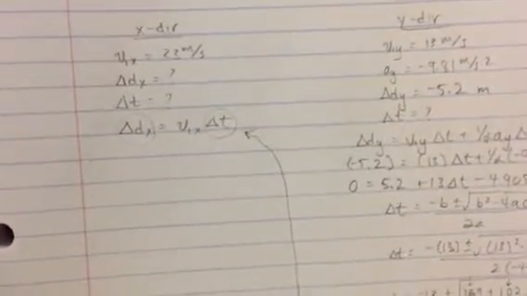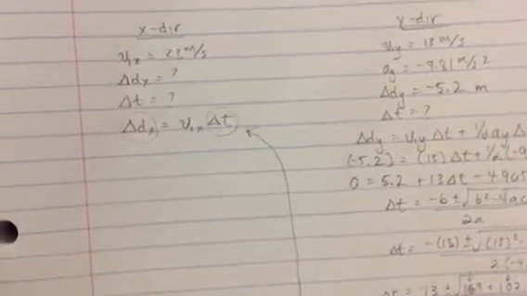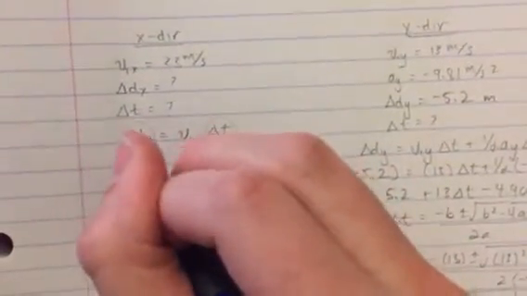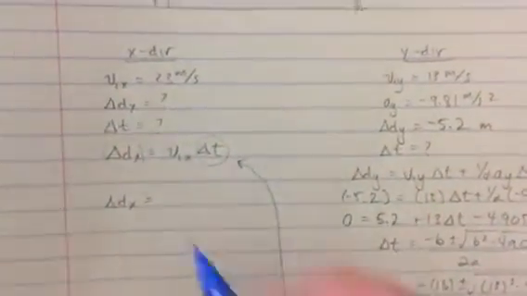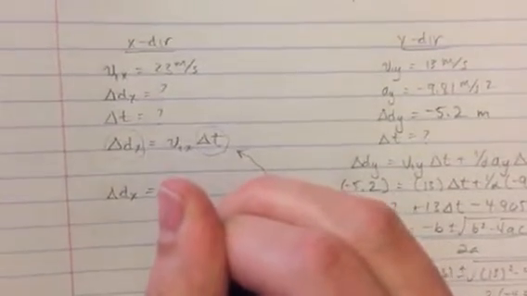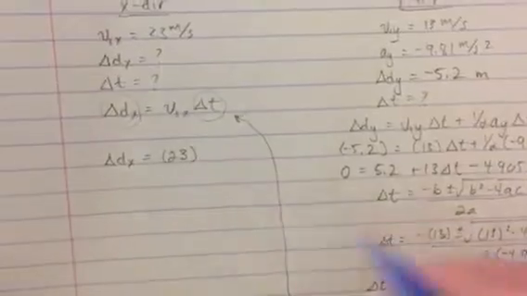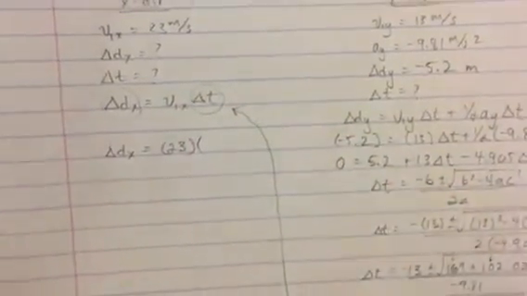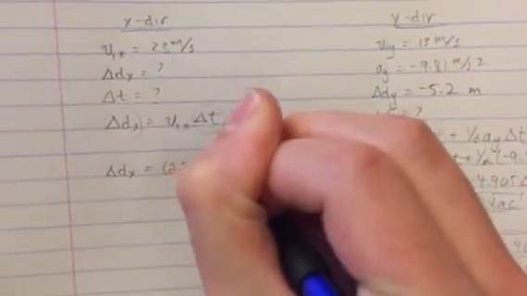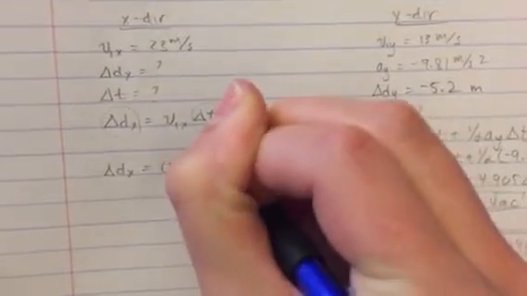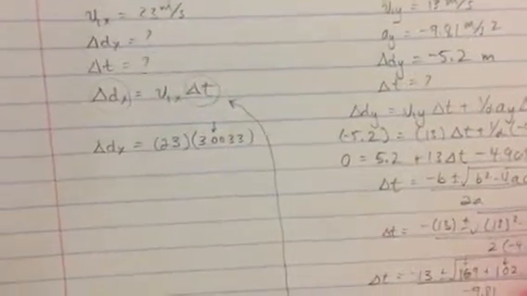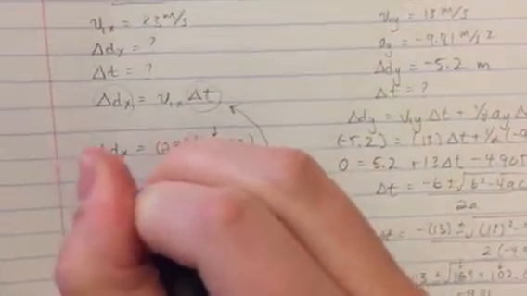Once I know that, I can bring it all the way up to this equation again and use it to solve for the x displacement. So I can take x displacement is equal to the x component of my initial velocity, which is constant, 23 meters per second, times the time, which I just found out was 3.0033 seconds, rounding to two significant figures.